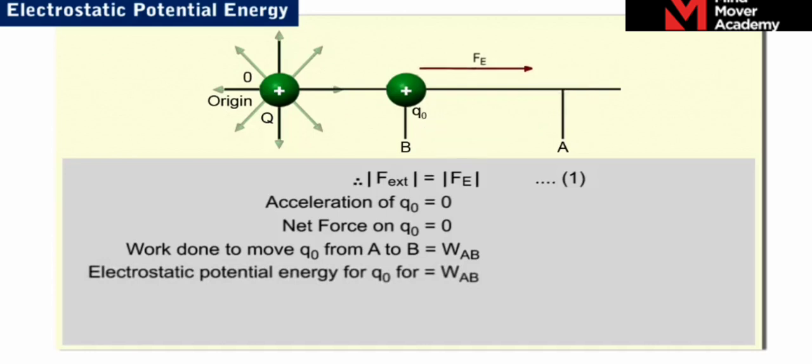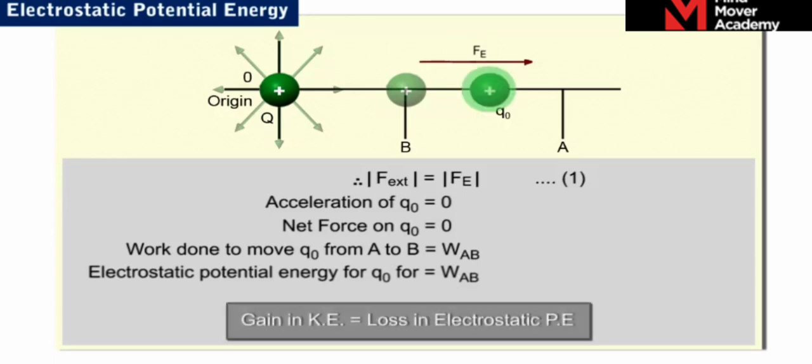If we remove the external force F, then the charge Q naught moves away from Q in the direction of the electric field and gains kinetic energy such that the gain in kinetic energy is equal to the loss in electrostatic potential energy.